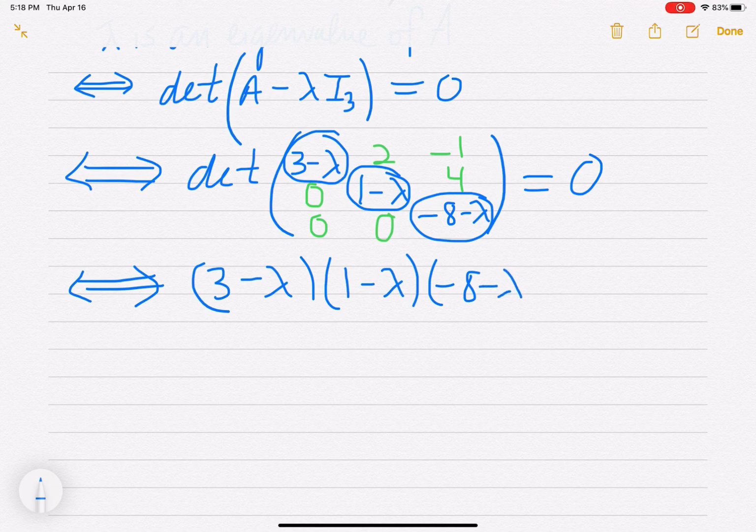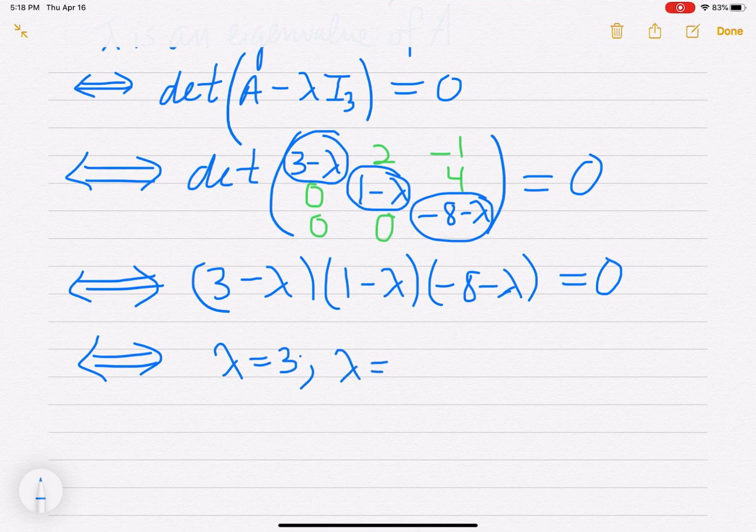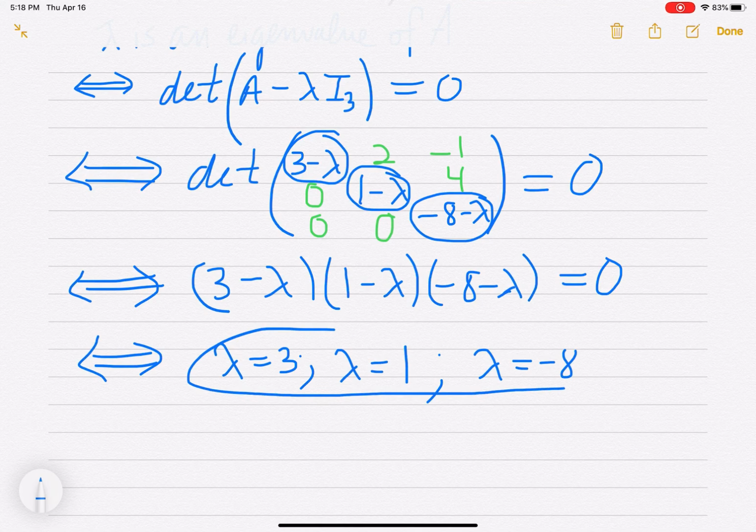That is the determinant of this matrix. We don't have to do any other work than that as far as calculating the determinant because we have an upper triangular matrix. So this is equivalent to saying that lambda is equal to 3, lambda is equal to 1, or lambda is equal to negative 8. So those are our three.